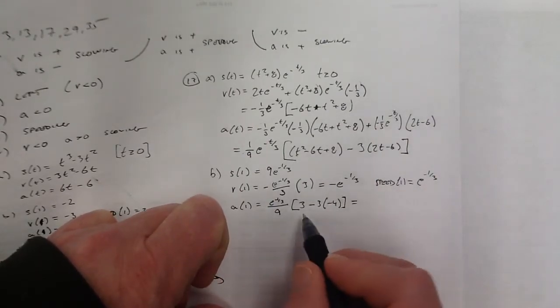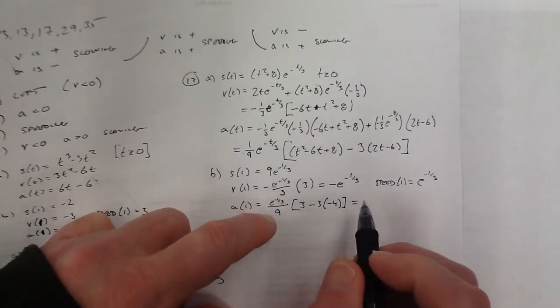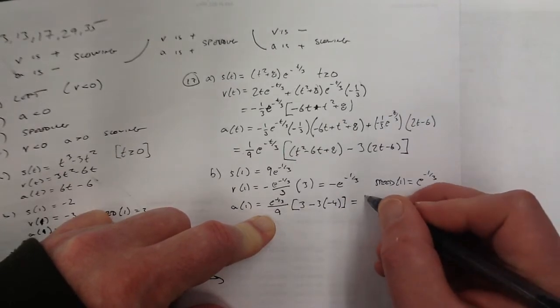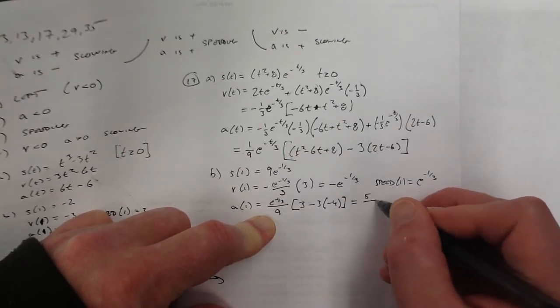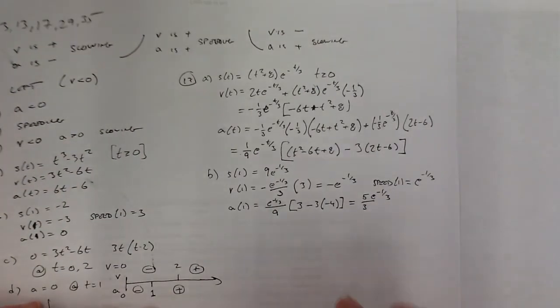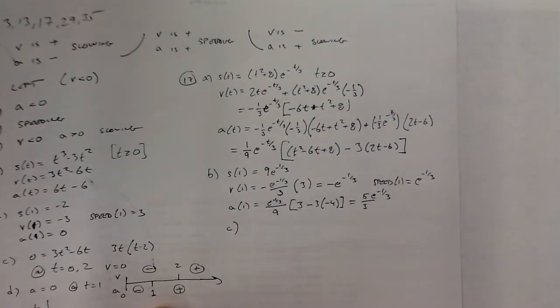So that looks like 3 plus 12 is 15 over 9, which is 5/3 e to the negative 1/3. All right, this one's more fun than 13, huh?